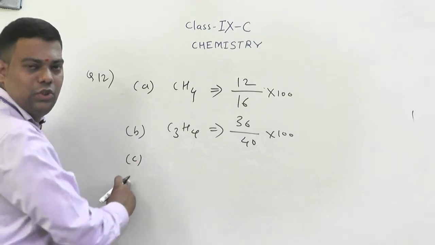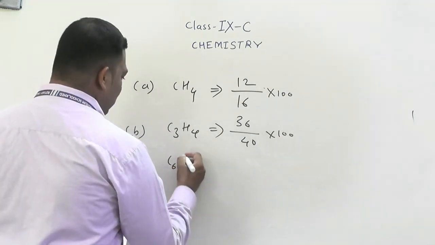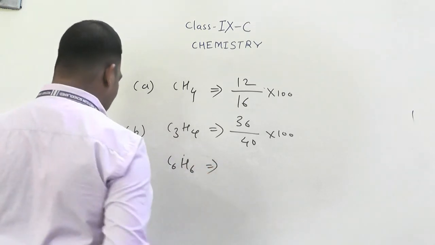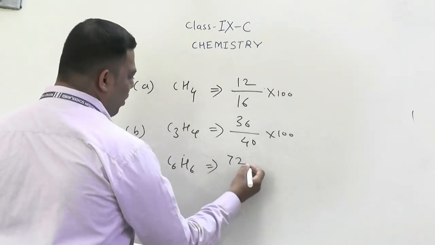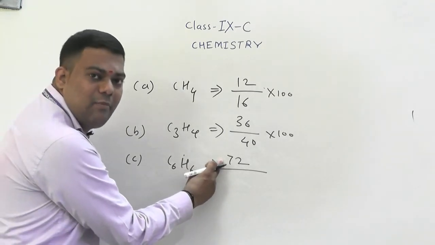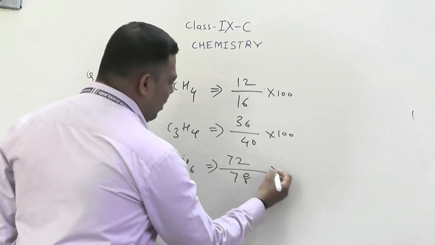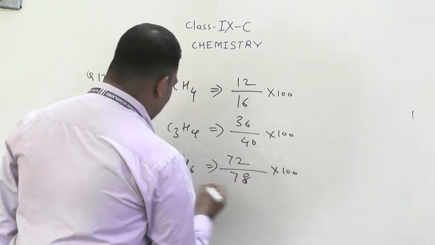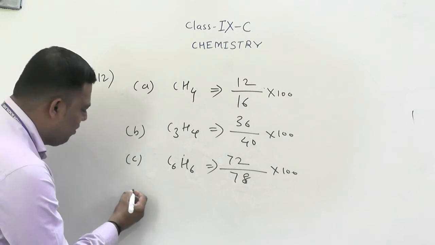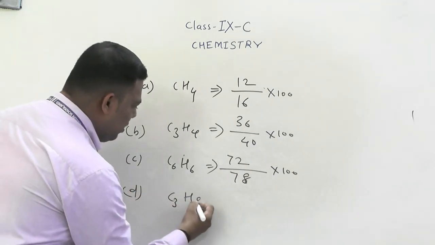Small c. See small c here. C6H6. So 72 is carbon only, because we have to calculate the carbon percentage. So 72 divided by how much? 78 into 100. Okay, and small d, what did they give? C3H8.